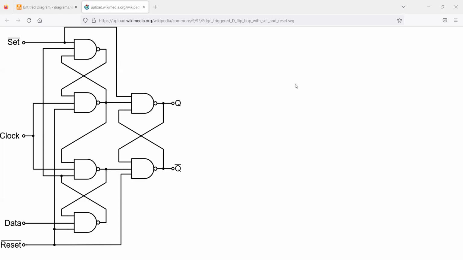And normally, for the big development tools like Quartus, most of the applications, this is built in.